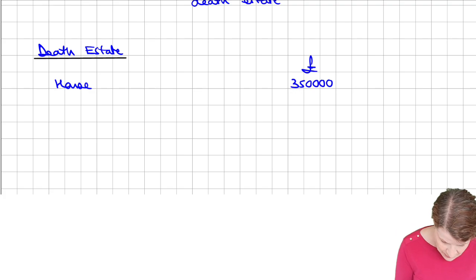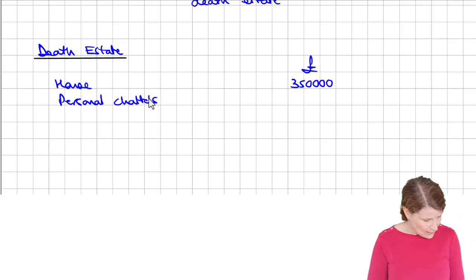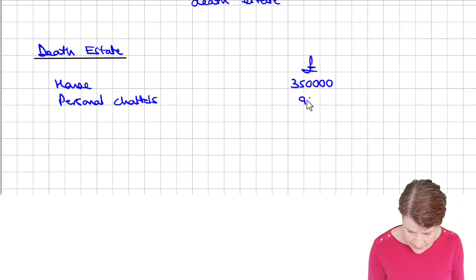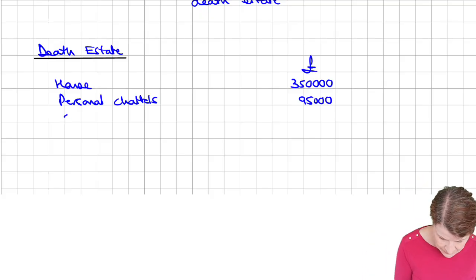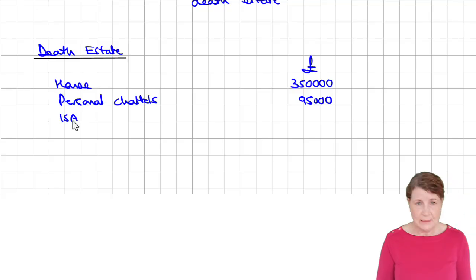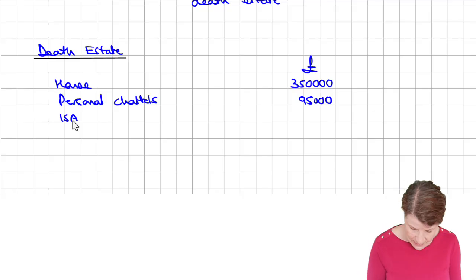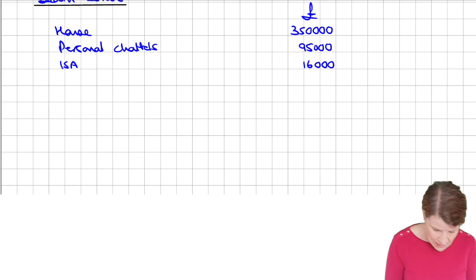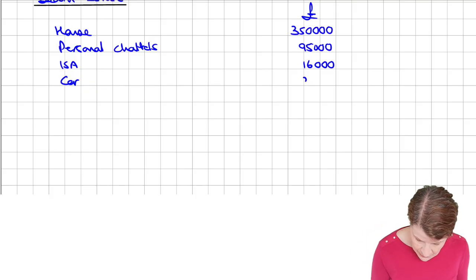We've got the personal chattels, all your bits and bobs that you leave when you die, 95. We've got shares held in an ISA, but we don't care whether they're held in an ISA or not. ISAs don't get an exemption for inheritance tax, and that's 16. And we've got a car. Once again, exempt from capital gains tax, not exempt from inheritance tax, 22,000.